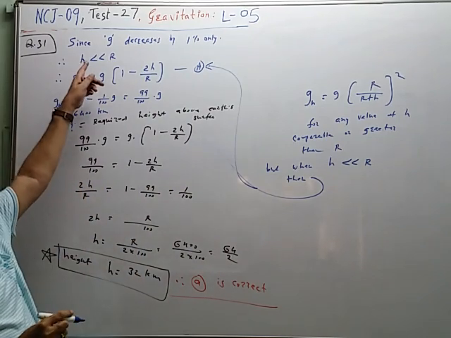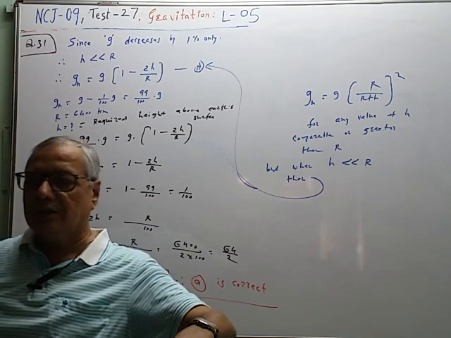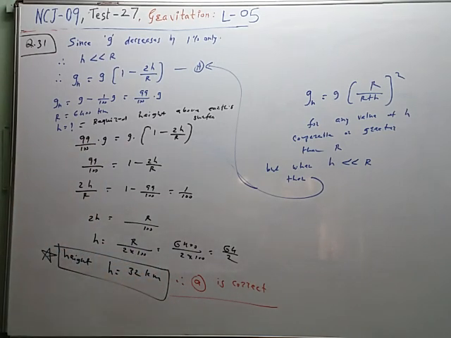So there is a condition. Here gravitational acceleration decreases by only 1%, so there is a small change in gravitational acceleration. Therefore, height is small compared to the radius of the Earth, and therefore we can use this formula directly.